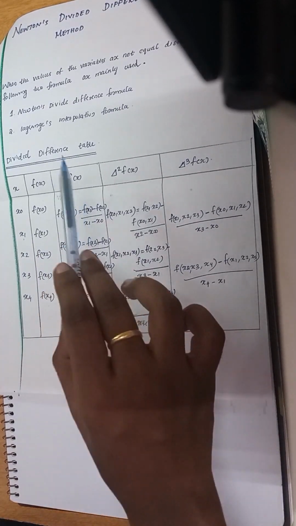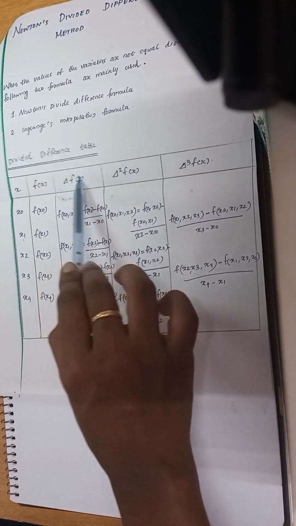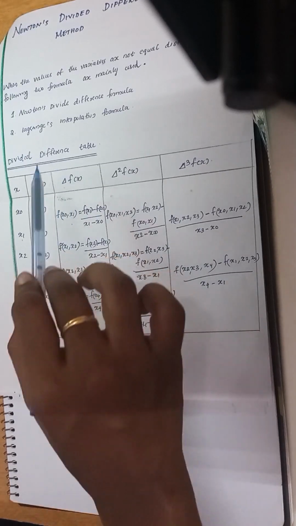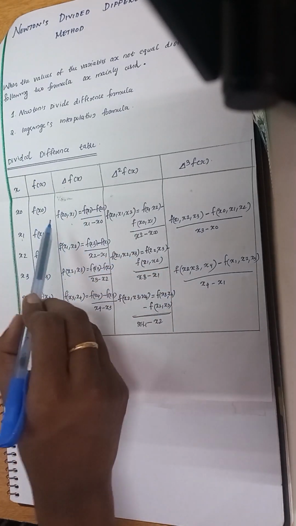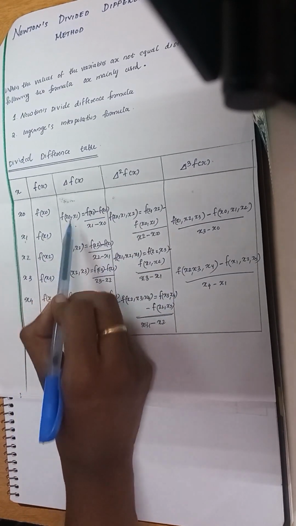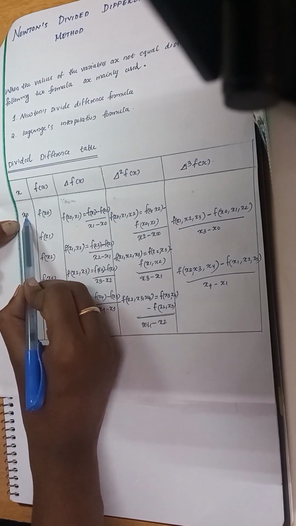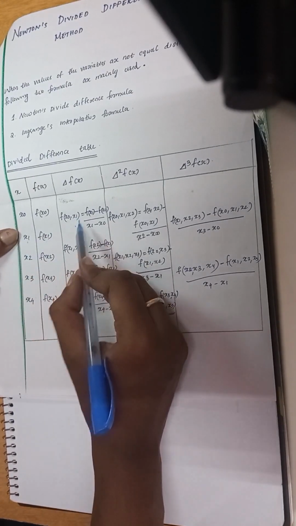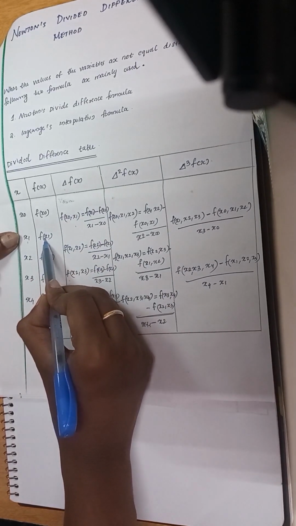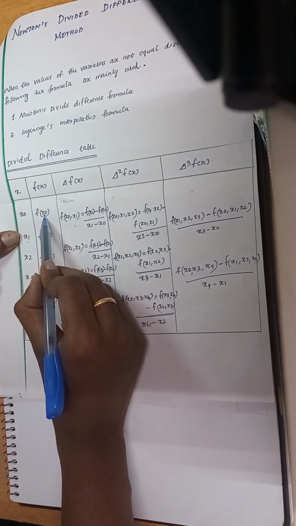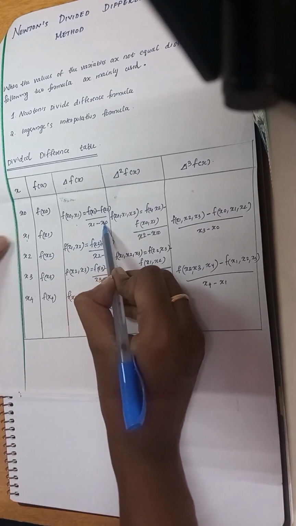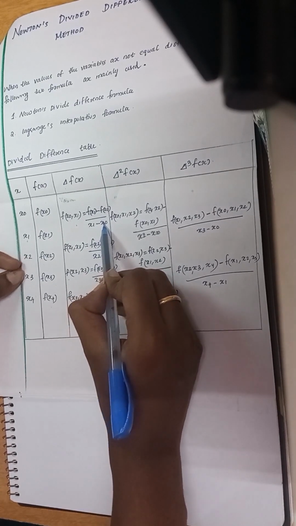This is the first divided difference, that is delta f of x. The first divided difference delta f of x can be written as f of x0 comma x1, that is equal to f of x1 minus f of x0 divided by x1 minus x0. This is the first divided difference.